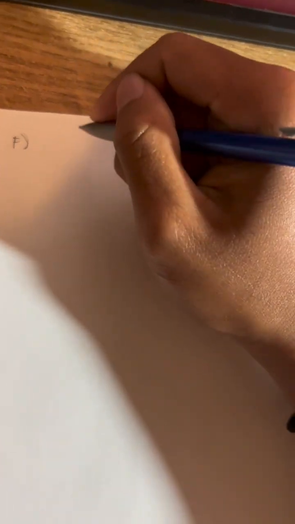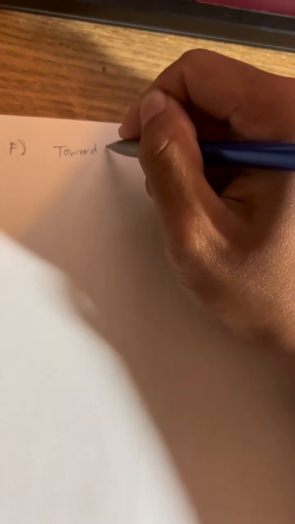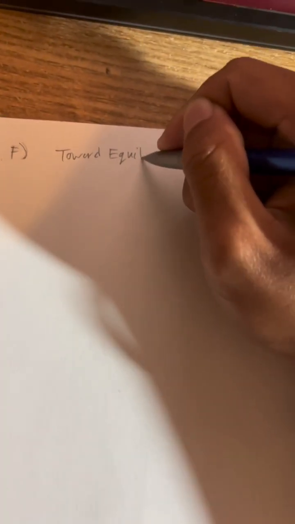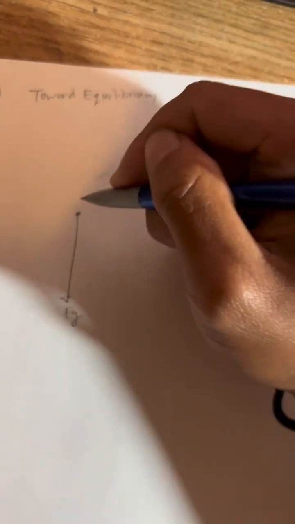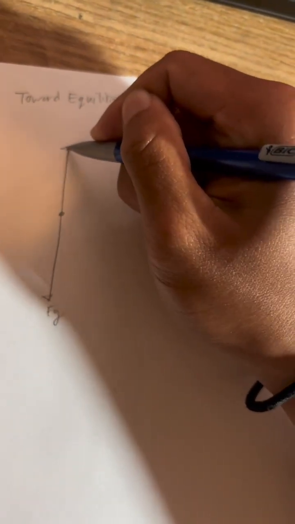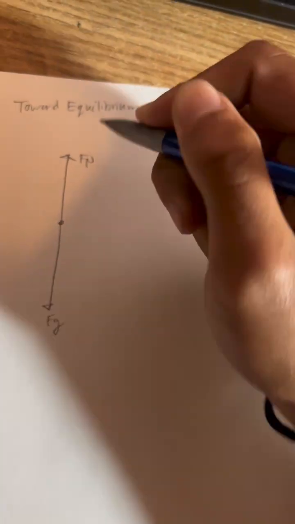All right, for part F, I'm going to first do the label of the box going toward equilibrium. So I have the dot right here, and this is F G, and this is F N. It should be about the same.